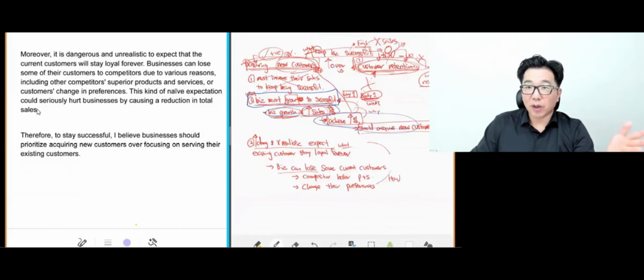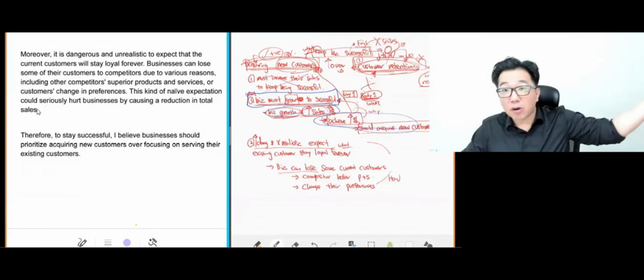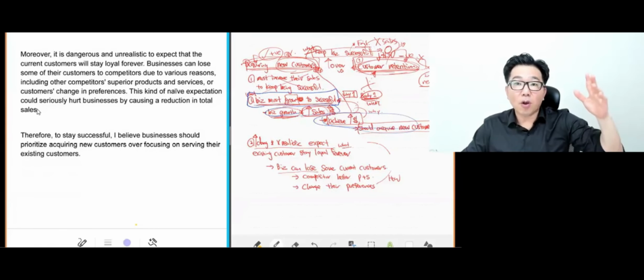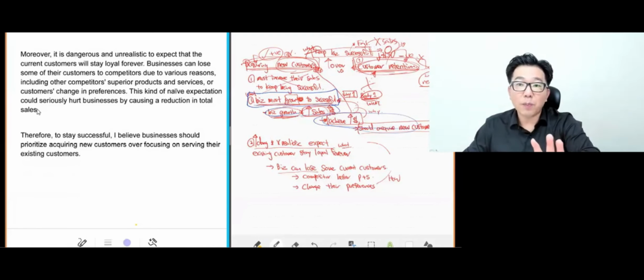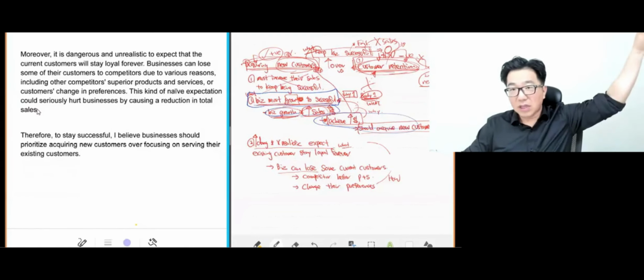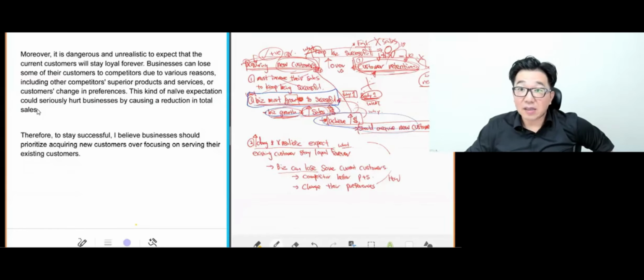Sounds very cold, but that's the actual definition, as you know, okay? The whole point of business existence is to create profit. That is the purpose of business, right? Because otherwise, business will disappear, okay? If it goes bankrupt, that business won't be able to survive, then you'll never see them ever again, okay?